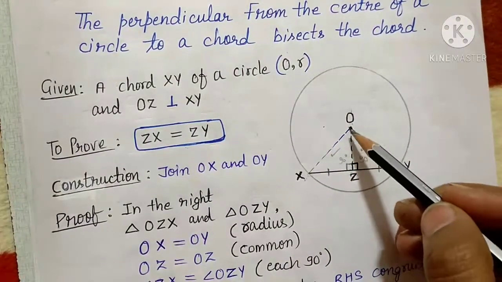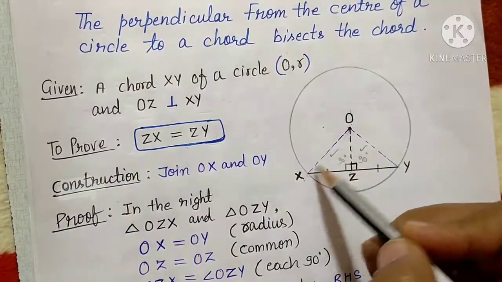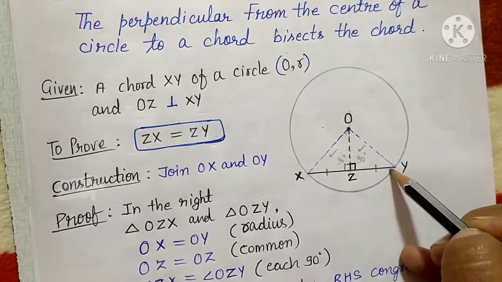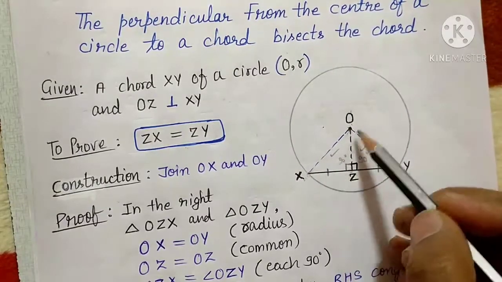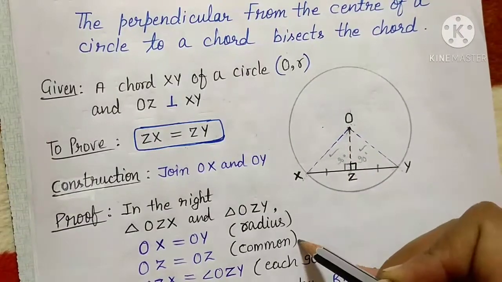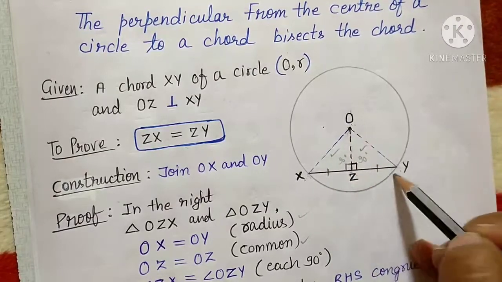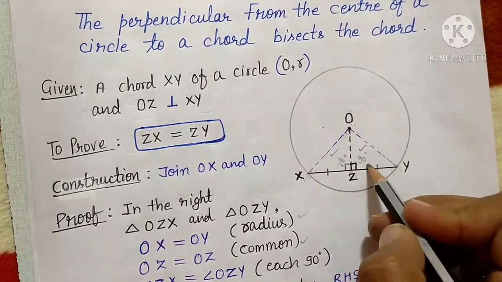In the same way OZ equals OZ, because OZ is common to triangle OZX and triangle OZY. So radius OX equals radius OY, OZ equals OZ common, and angle OZX equals angle OZY because both are 90-degree angles.